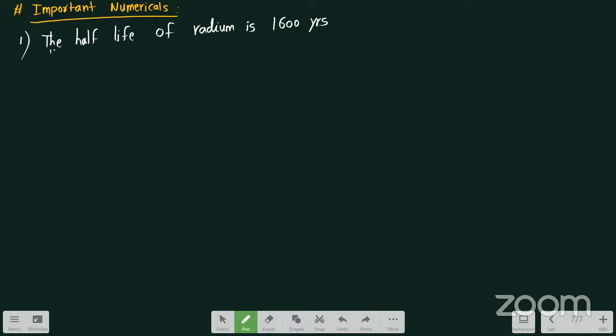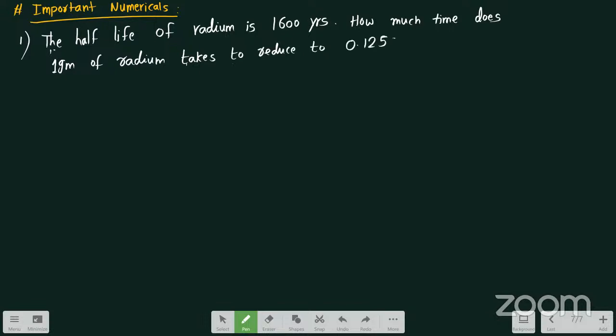How much time does 1 gram of radium take to reduce to 0.125 grams?